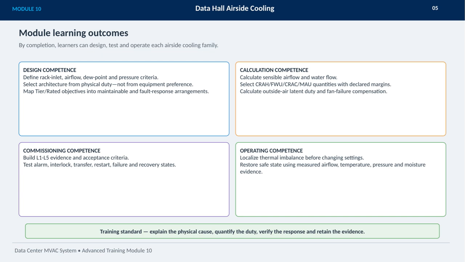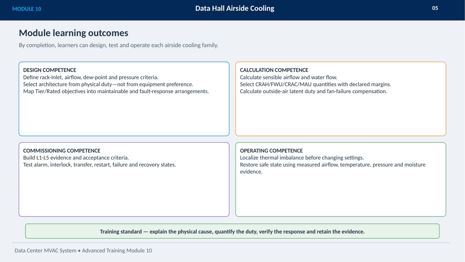Moving into calculation competence, you'll master how to calculate sensible airflow and water flow, correctly size your cooling units, and manage outside air latent loads along with fan failure compensations. Commissioning competence teaches building evidence from level 1 to level 5 and verifying system responses for alarms, interlocks, transfers, and recovery scenarios.